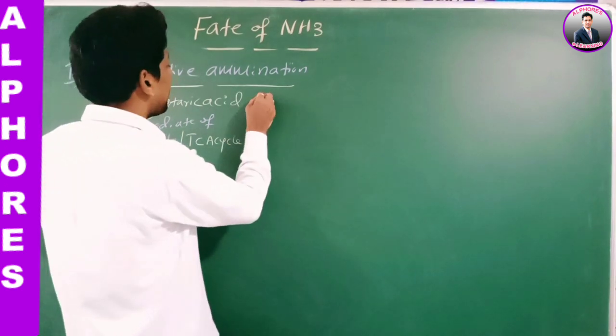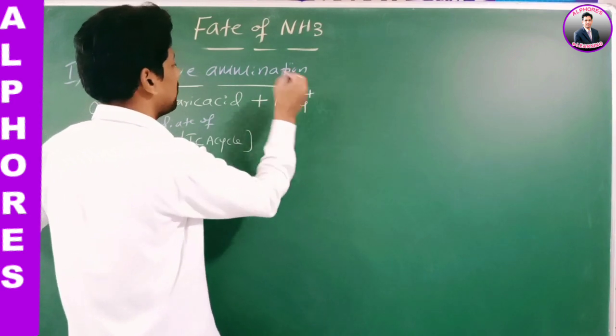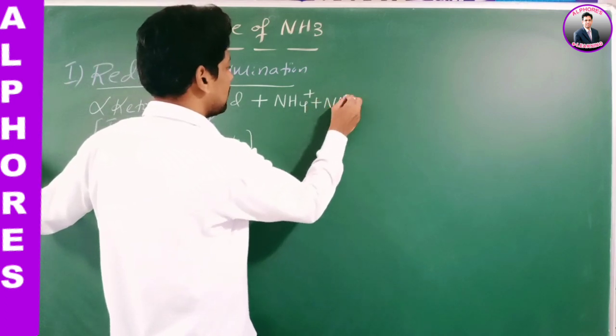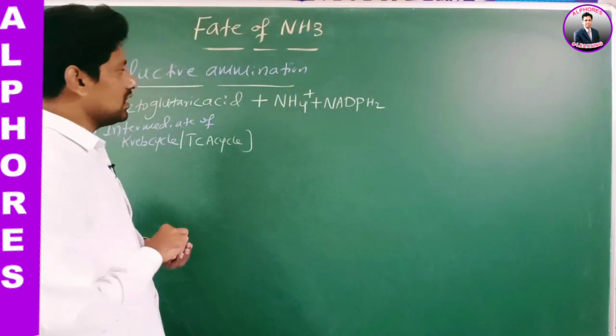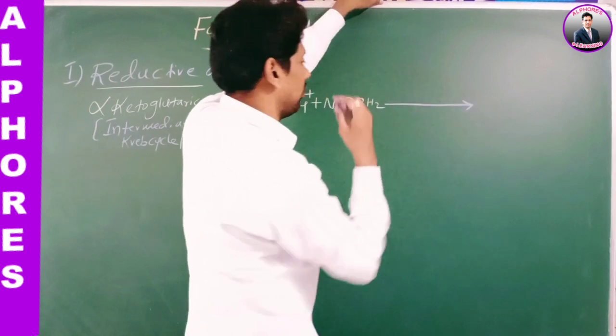This alpha ketoglutaric acid reacts with what? Ammonium ion. Here NADPH2 is involved. In this reaction, an amino acid named glutamic acid is synthesized.